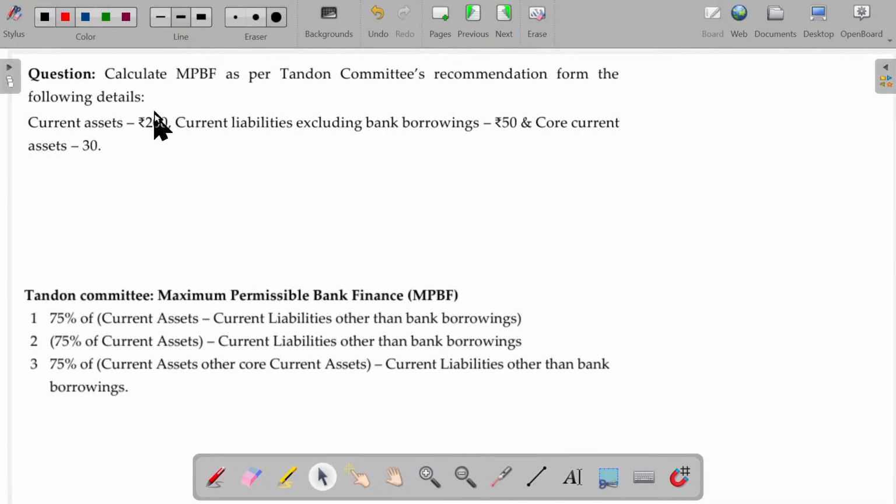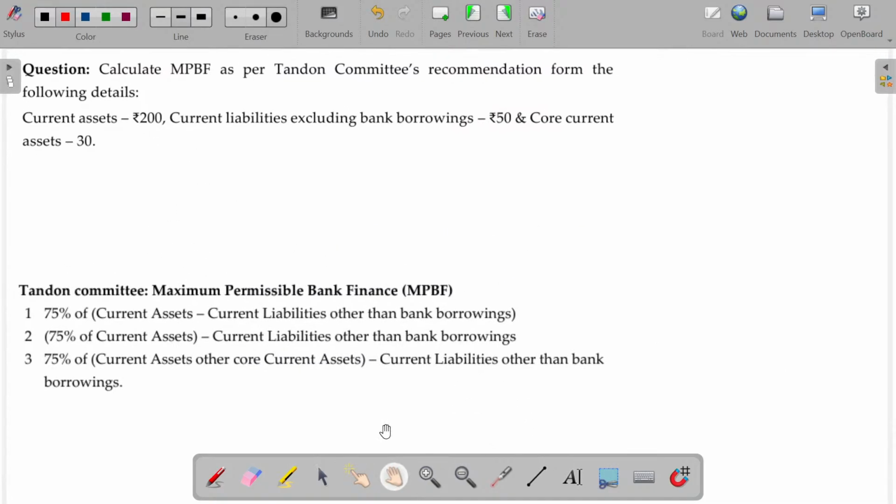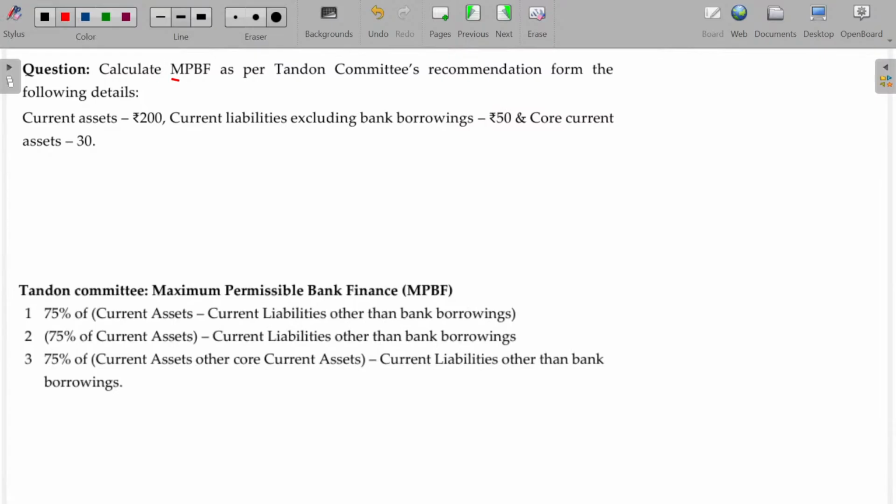See here. Calculate the maximum permissible bank finance as per the Tandon committee's recommendations from the following details. Current assets 200, current liabilities excluding bank borrowings 50, core current assets 30. So whenever we talk about current liabilities, it should not include bank borrowings. You have to understand.